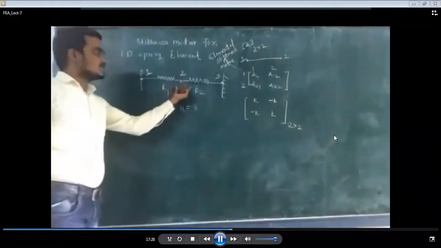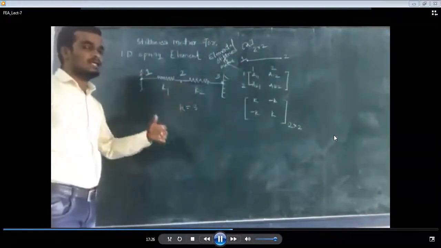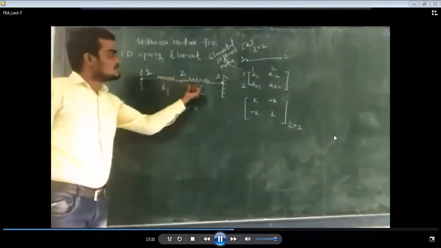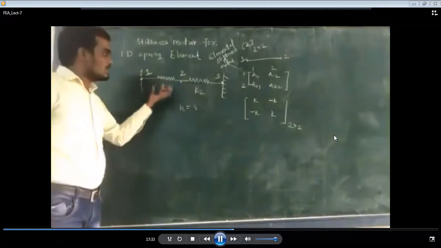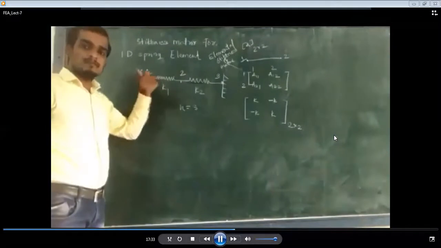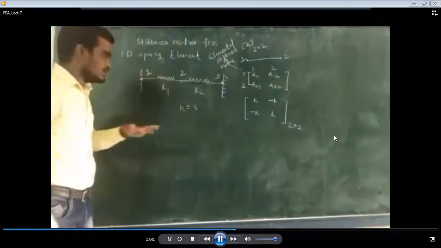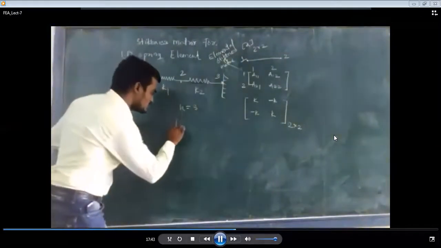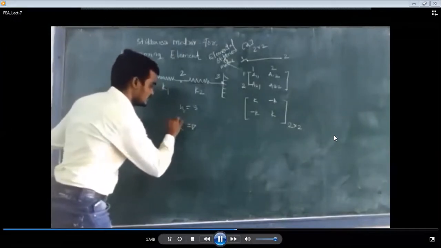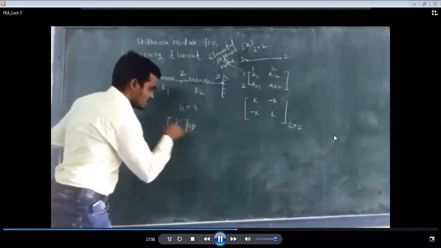Actually we have derived this elemental stiffness matrix for one element only. Similarly here, as there are two elements, we need to construct two elemental stiffness matrices, and by using these two elemental stiffness matrices we will construct our global stiffness matrix K.